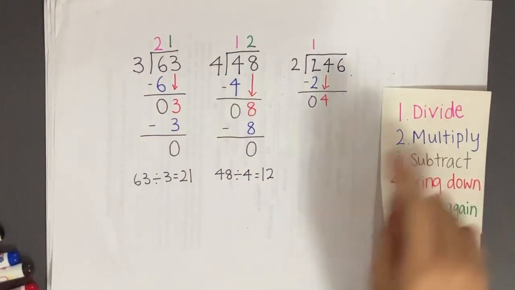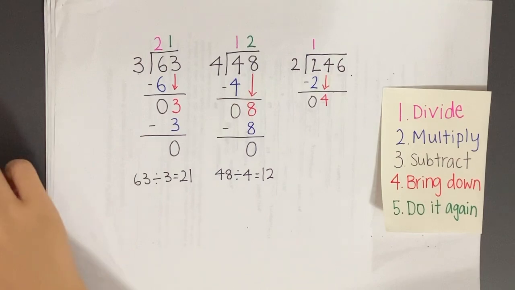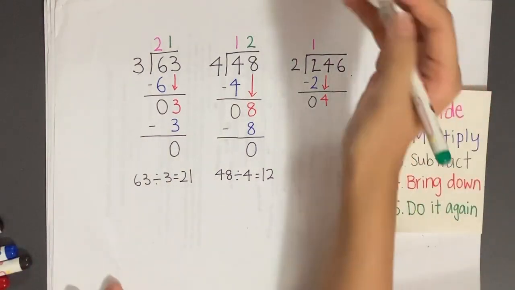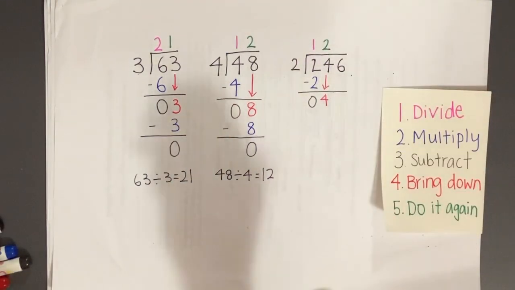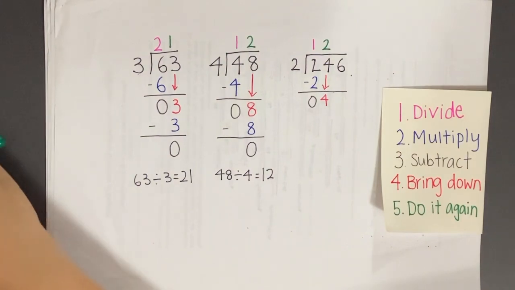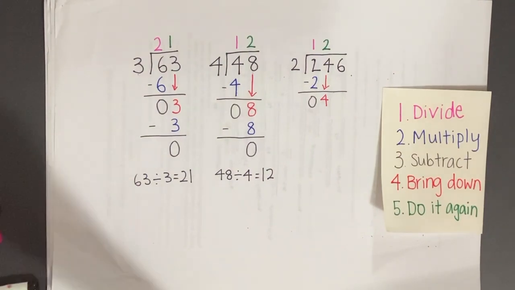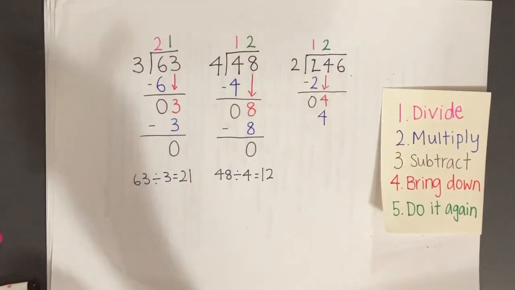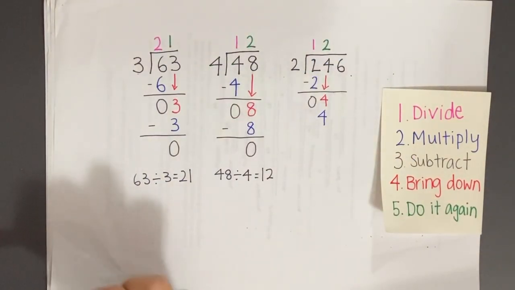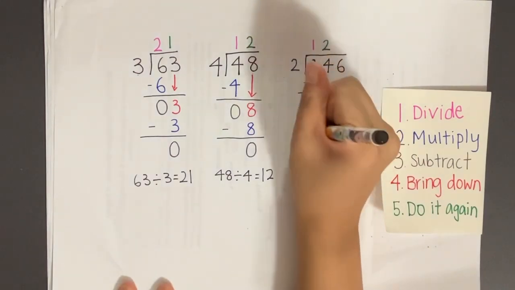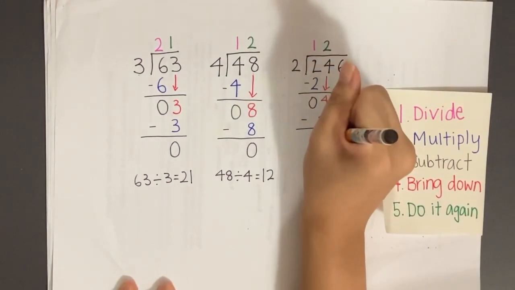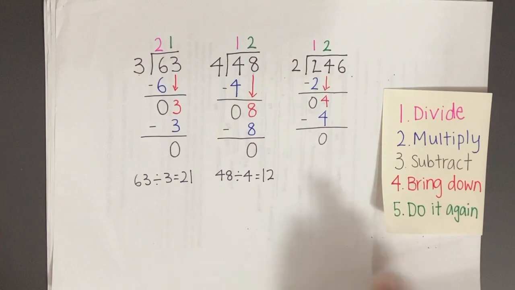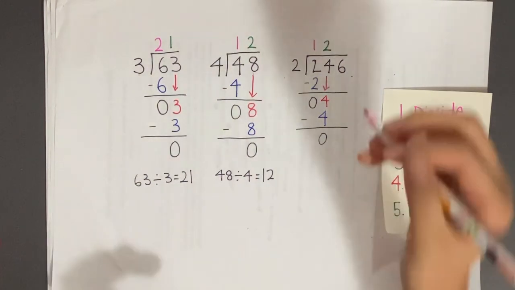Then I do it again. I go back to divide. 4 divided by 2 is 2. And then I take 2 multiplied by 2, which gives me 4. Then I subtract it. I bring it down.